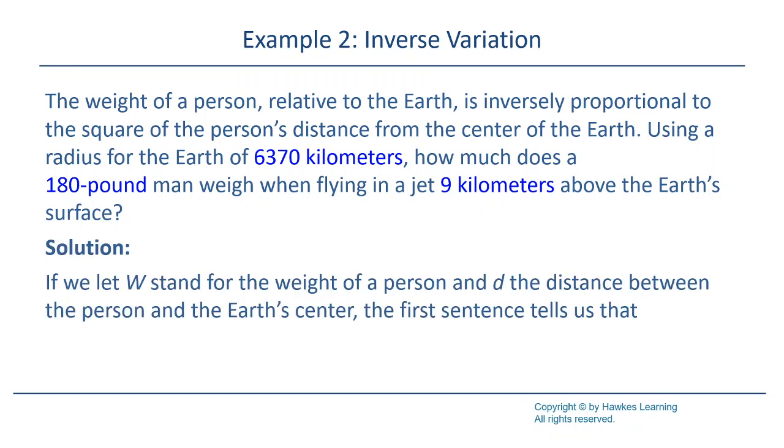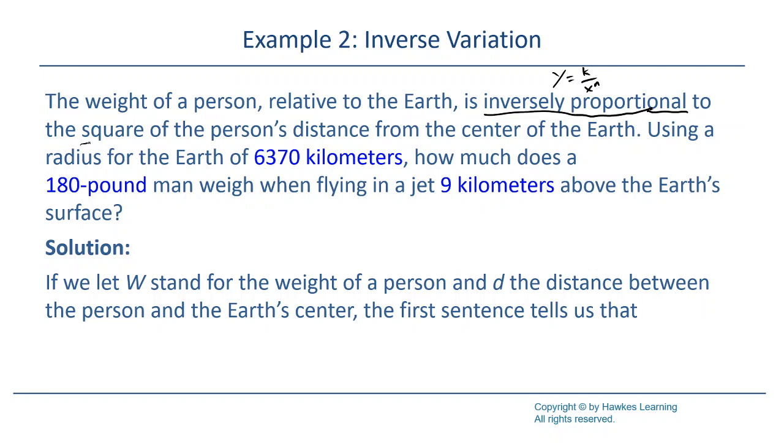Again, name your variables things that make sense. W is weight. So it tells us that the person's weight is inversely proportional to the square. So that means we're going to have y equals k over x to the n.